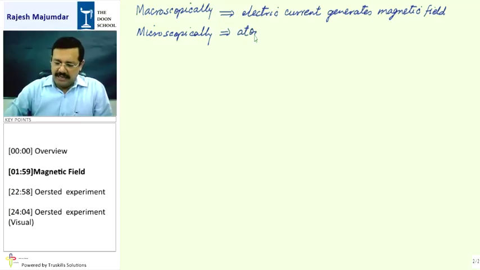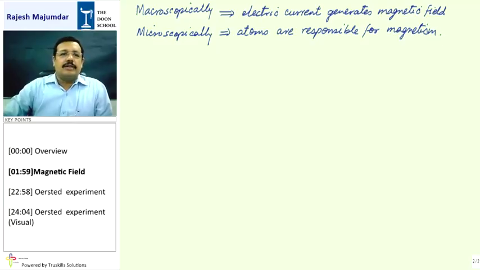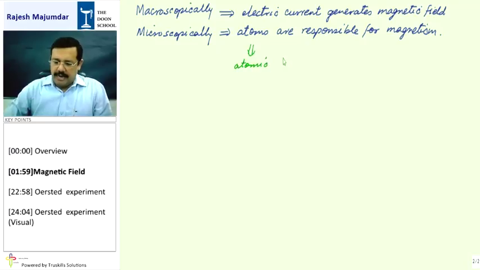It is very interesting that atoms are responsible for magnetism. This is then an atomic property.